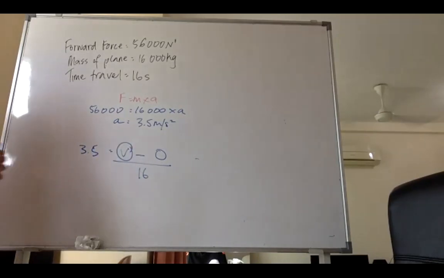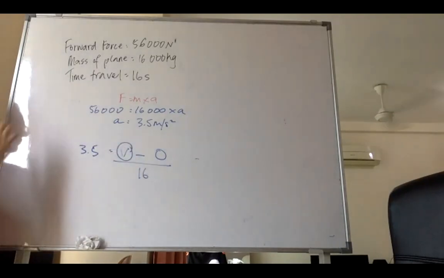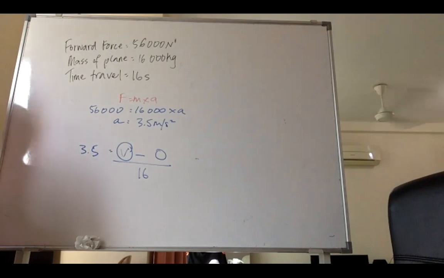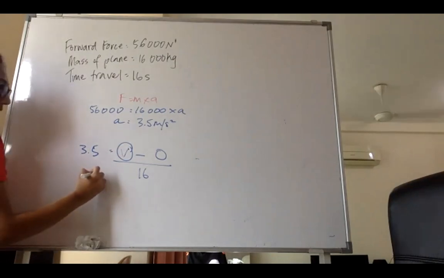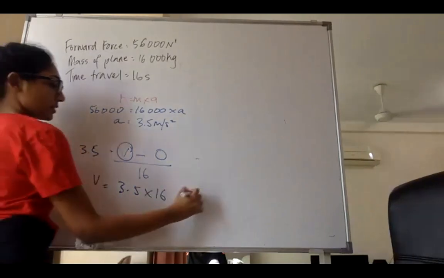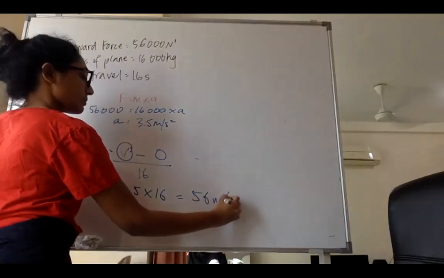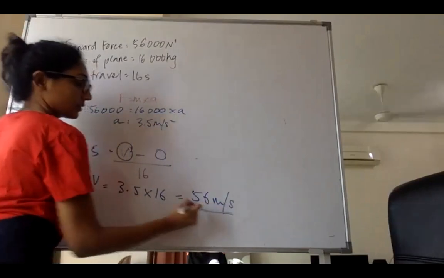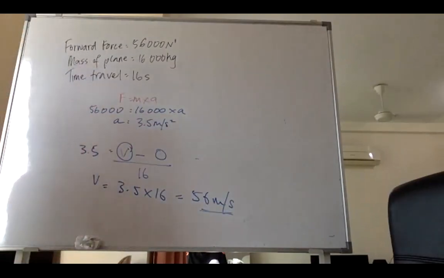That means my takeoff speed. From rest to takeoff, what is the final speed? In this case, the rest is the initial speed, which is 0. It's 3.5 times 16, which is 56 meters per second. Okay?